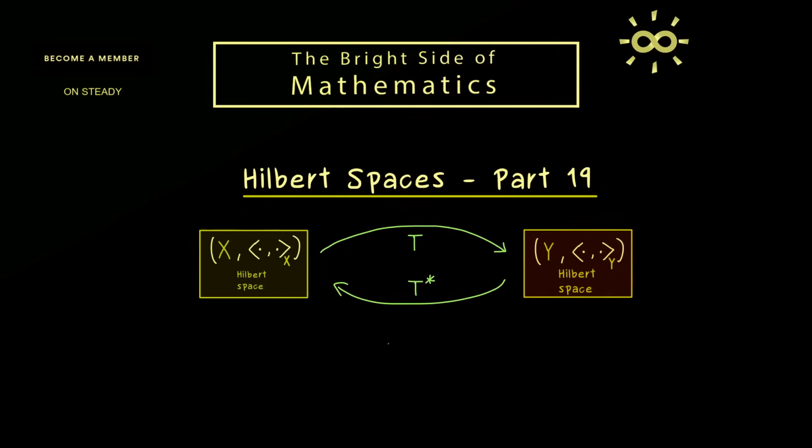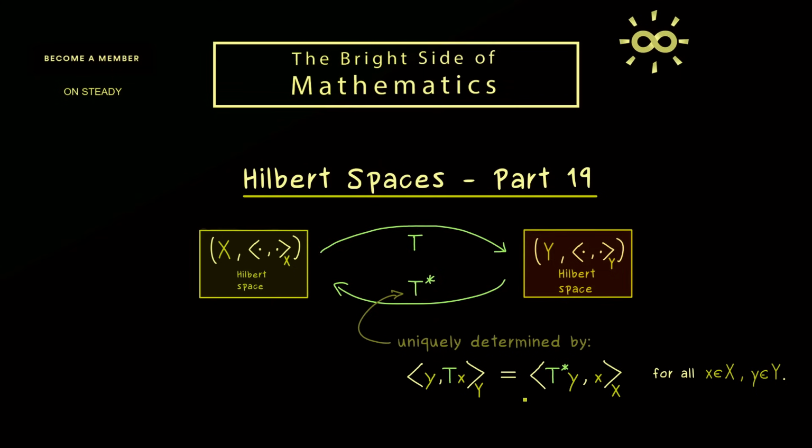And as we have discussed in the last video, this T star is uniquely determined by an equation with the two inner products. Namely, we have the inner product in Y with T on the left hand side and in X on the right hand side considering T star. More precisely, we have ⟨y, Tx⟩ here and ⟨T*y, x⟩ there.